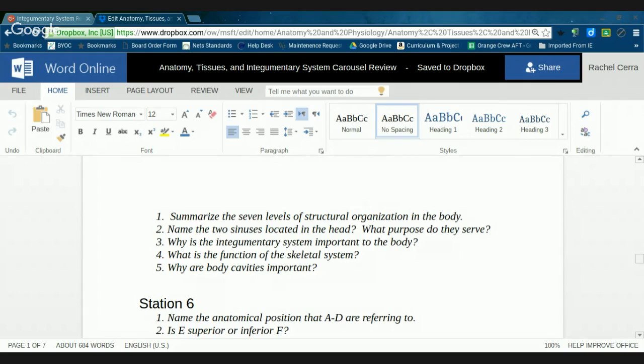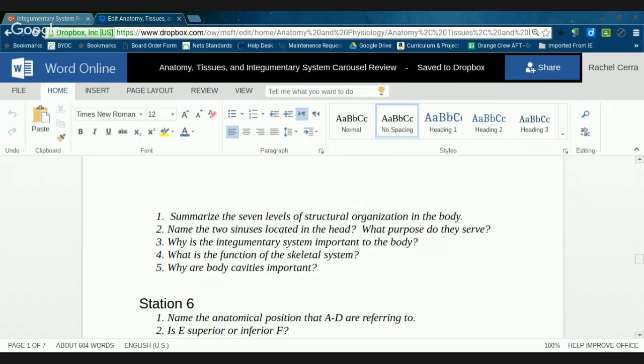And then it also is going to excrete waste in terms of like sweat. So you only need one. You don't need all of them.